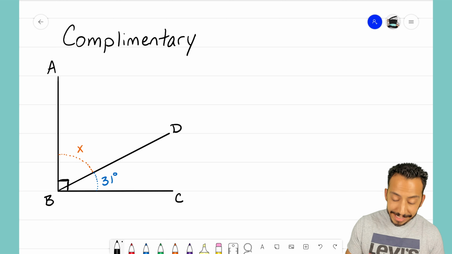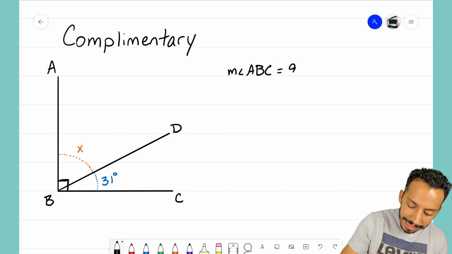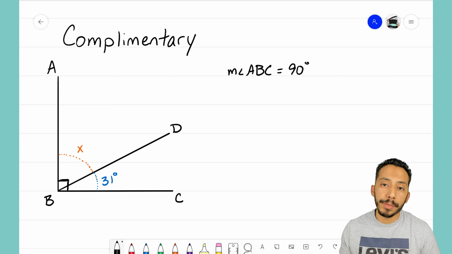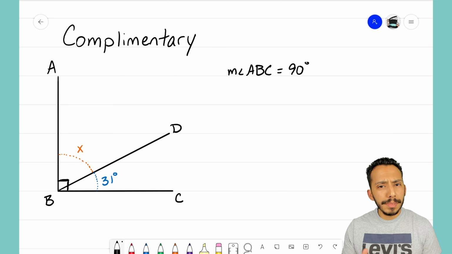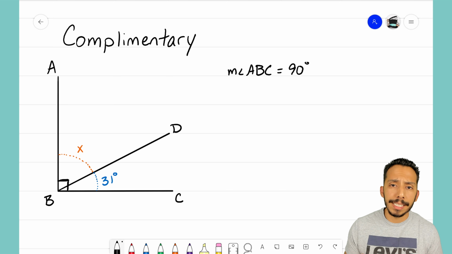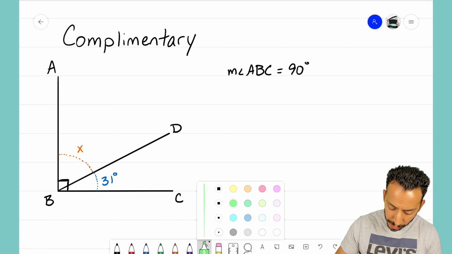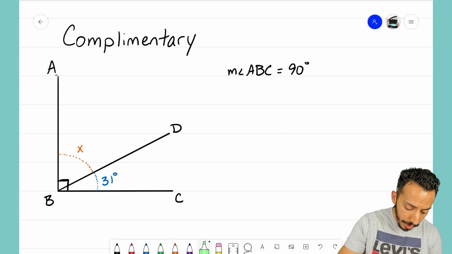I'm going to write down that fact real quick: the measure of angle ABC equals 90 degrees. That's pretty important for us. But now let's look at what's really happening here with angle ABC. Notice that angle ABC is cut into two different parts, and I'm going to highlight them so we can see that.